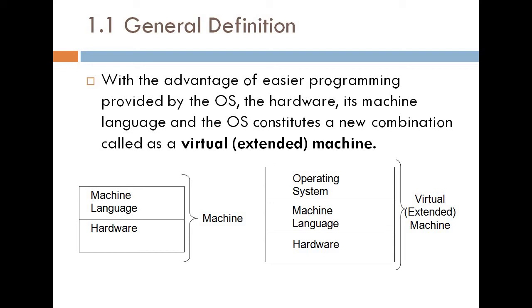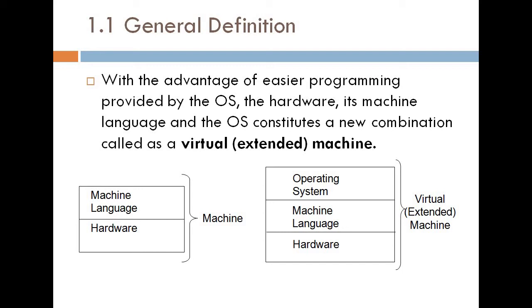With the advantage of easier programming provided by OS, the hardware, its machine language and operating system constitute a new combination called a virtual extended machine. Actually, when operating system came with the interaction of machines, the machine is just machine language and hardware.